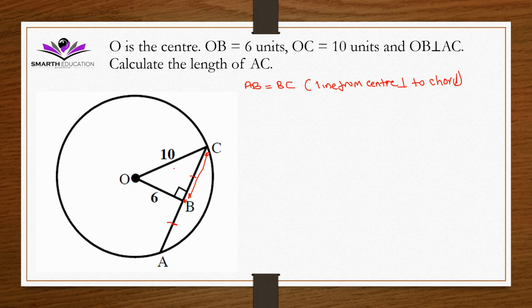The radius OC is the hypotenuse, because it is opposite the 90-degree angle. Now we can say OC squared is equal to OB squared plus BC squared. Why are we saying that? Because Pythagoras.